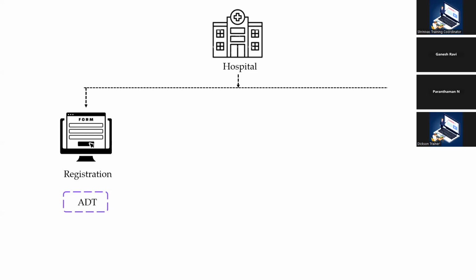ADT stands for admit, discharge, and transfer. So any event that is related to admission, discharge, or transfer will fall under this particular category, and the message code is ADT.